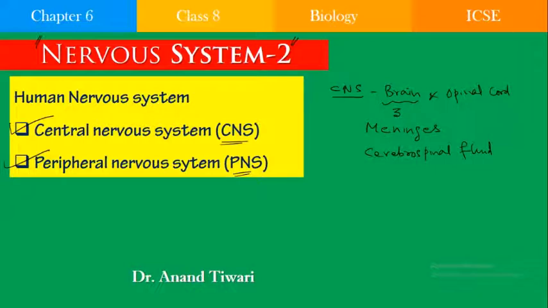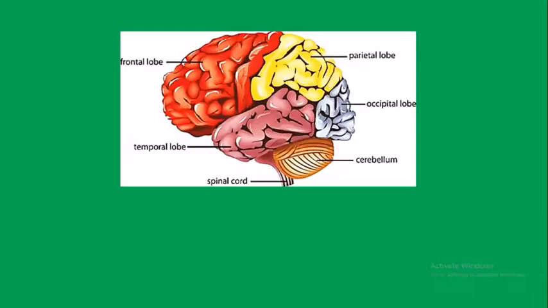Now let us look at the different parts of the brain. Broadly there are three parts of the brain. One is the cerebrum, the other is the cerebellum, and the medulla oblongata.